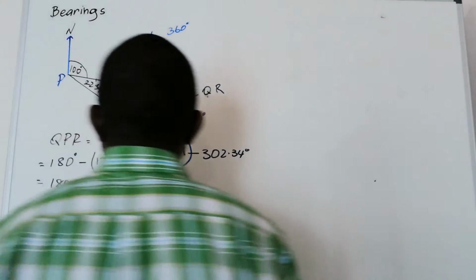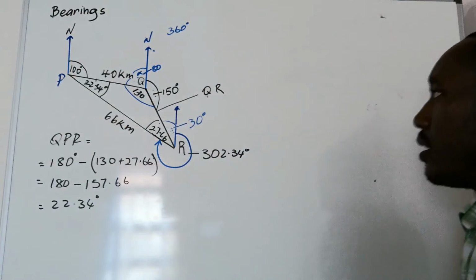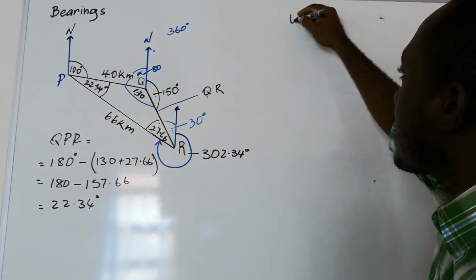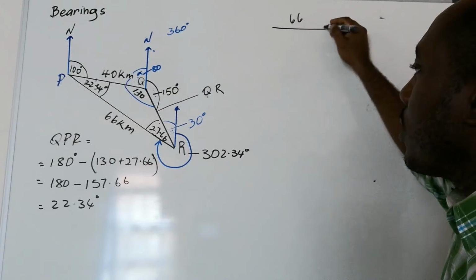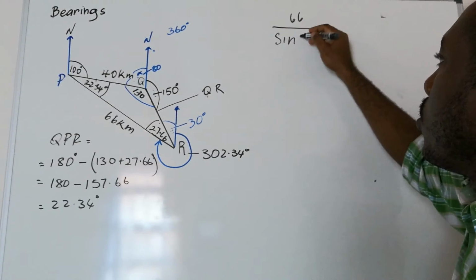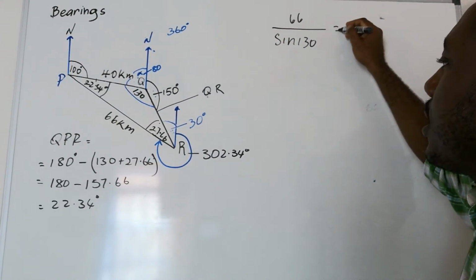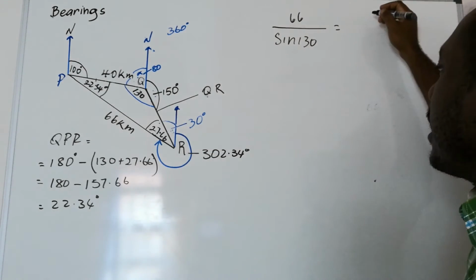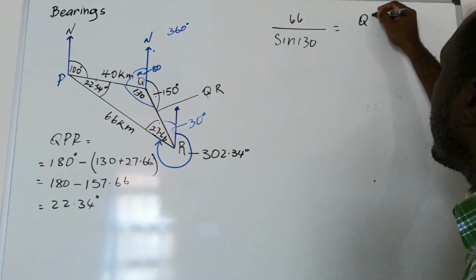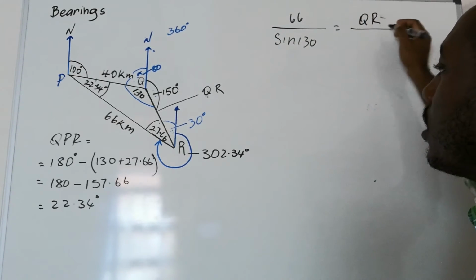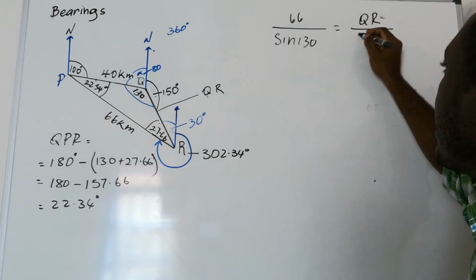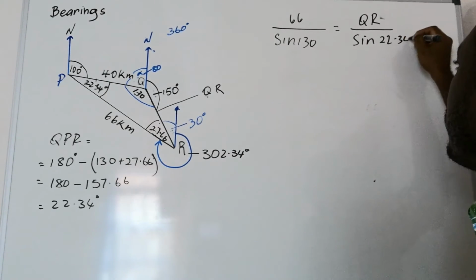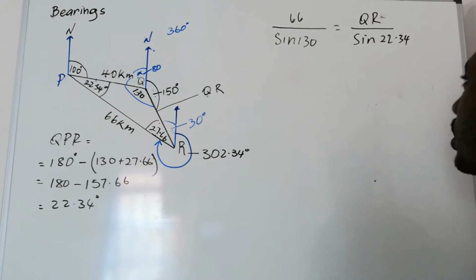Now, let's apply sine rule to calculate. Since we're finding a side, we will put our side at the top. So 66 over sine 130 is equal to QR over sine 22.34.